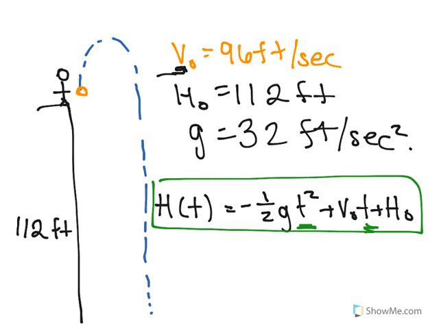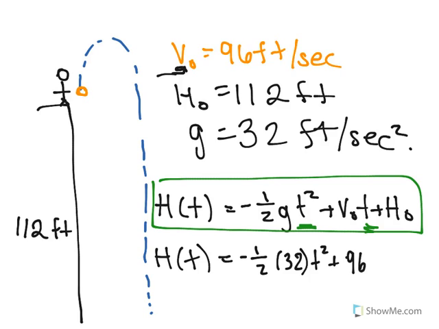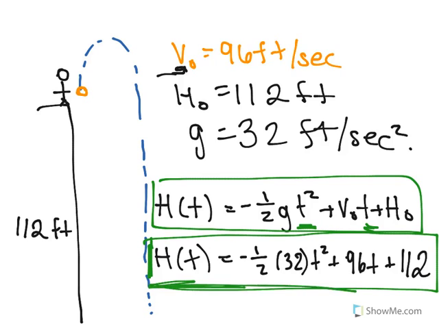I'm sorry, we were not done with the previous question. Actually, let's plug in the actual values. So h of t is equal to negative a half times 32 times t squared plus 96t plus 112. This is our actual answer to what is the height of the ball at any given time.